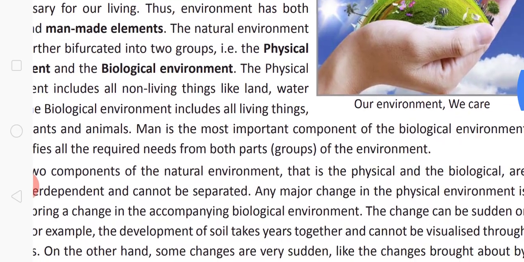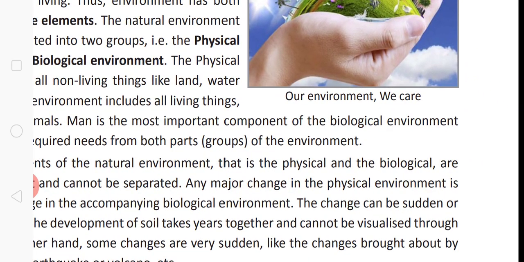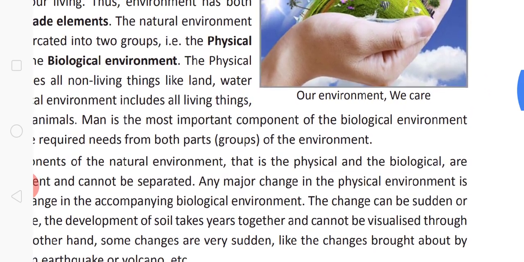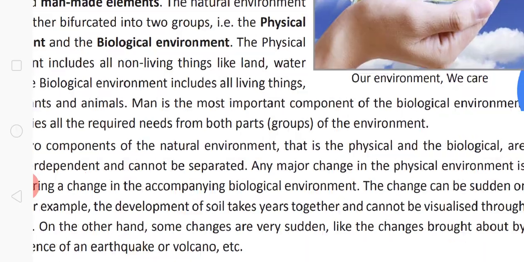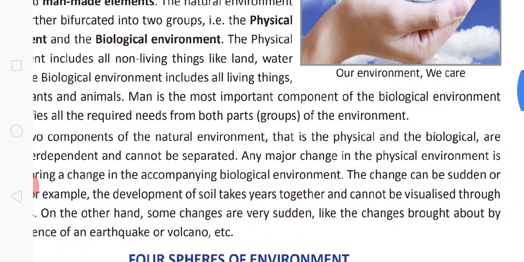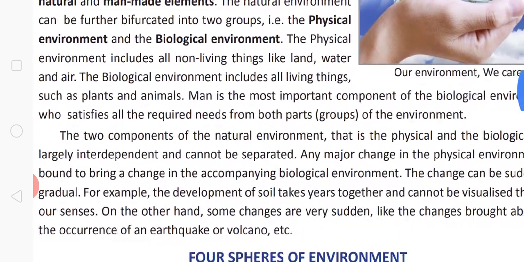So man is the most important component of the biological environment. So the examiner may ask you the question, which is the most important biological environment? Of course you have to give the answer, it is man. We the human beings are the most important component of biological environment. Why?